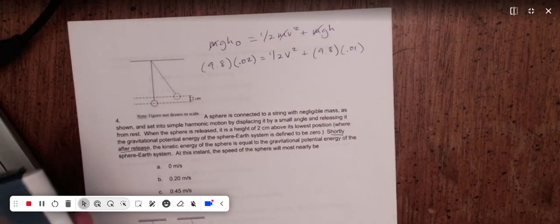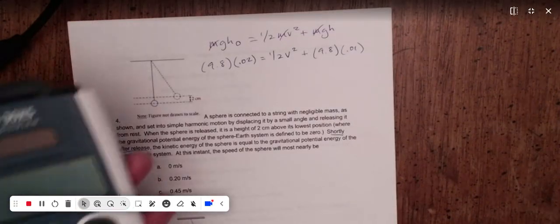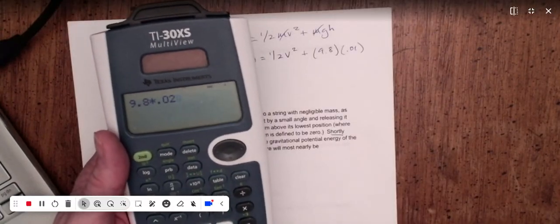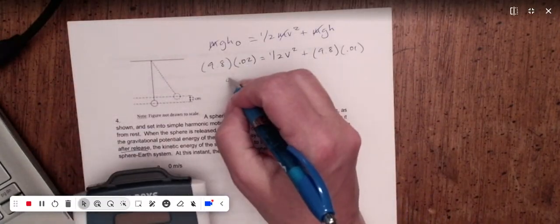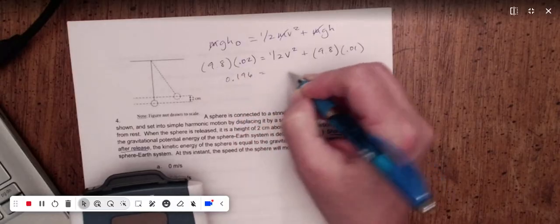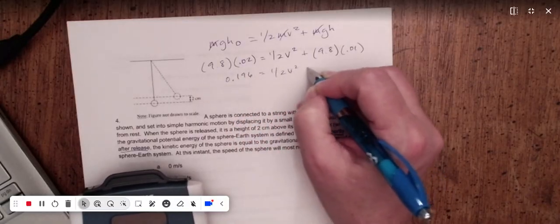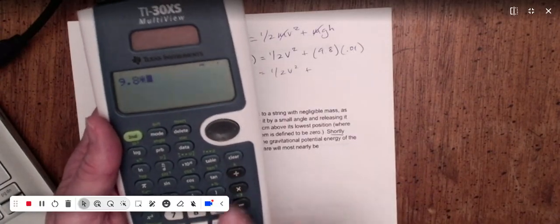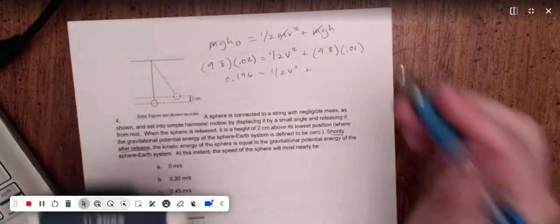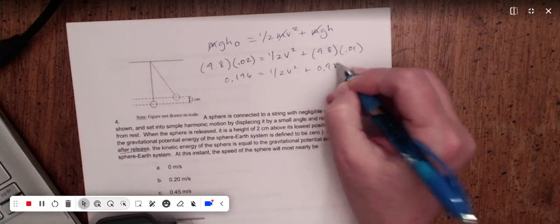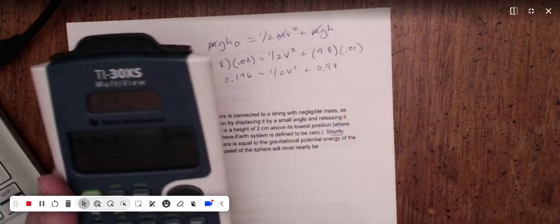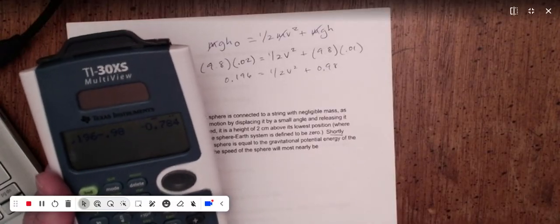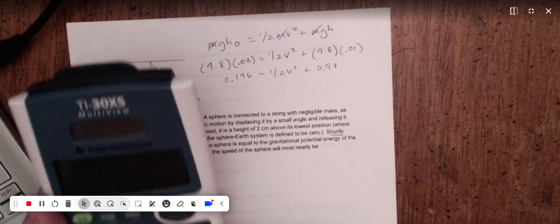So now I'm going to try and solve this for v and see what I get. I'm going to do 9.8 times 0.02, which equals 0.196, equals 1/2 v squared plus 9.8 times 0.01, which is 0.98. I'm going to subtract this from both sides. Oh wait, whoops.